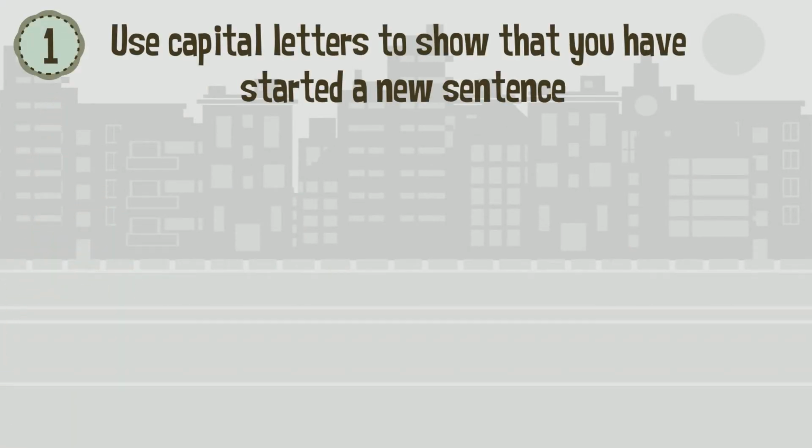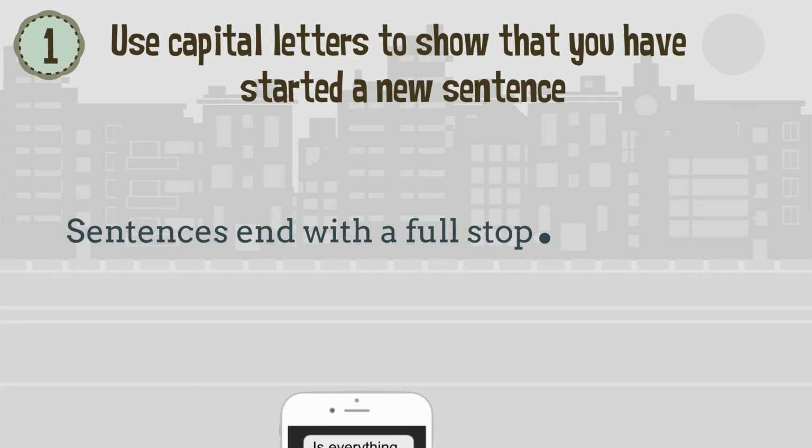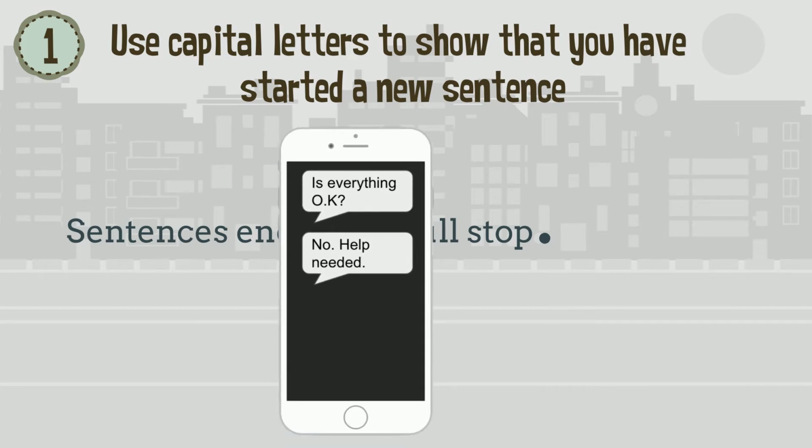Rule 1. Use a capital letter to show that you have started a new sentence. Sentences end with a full stop. As we know, a full stop can make a big difference to the meaning of a sentence. Is everything okay?